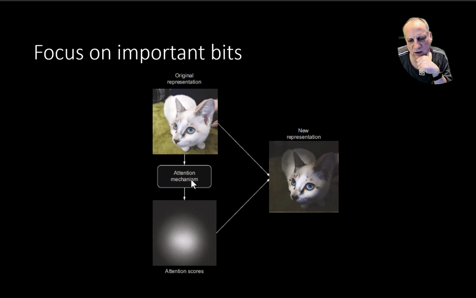So our attention mechanism is something that we learn, that learns to figure out where in the image it should be looking.